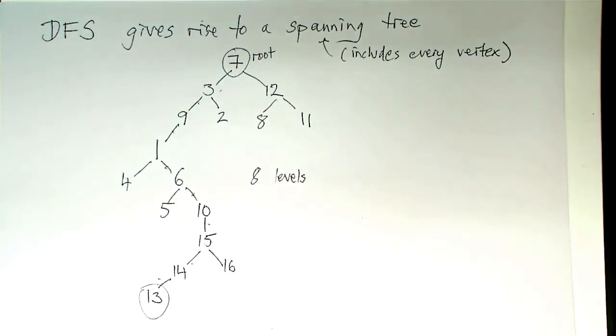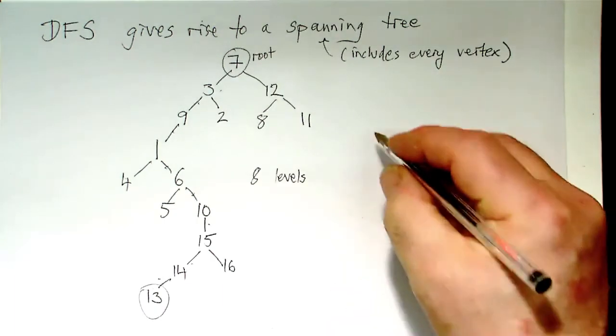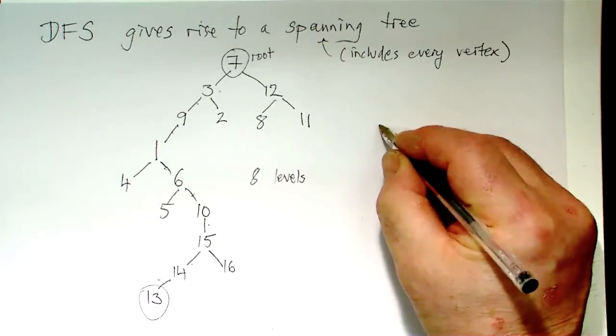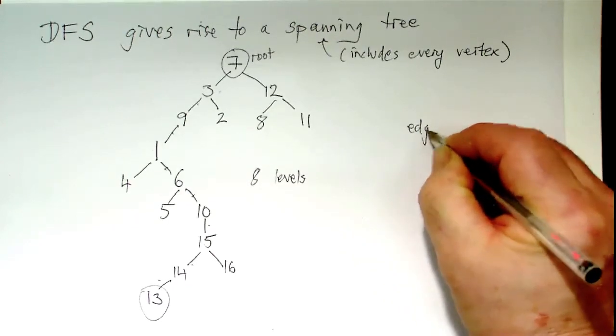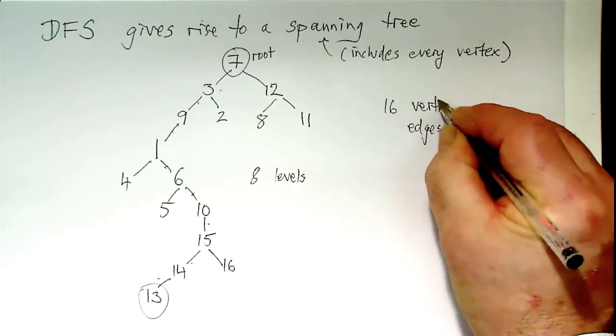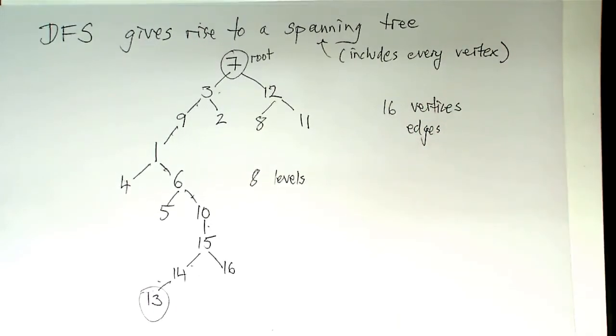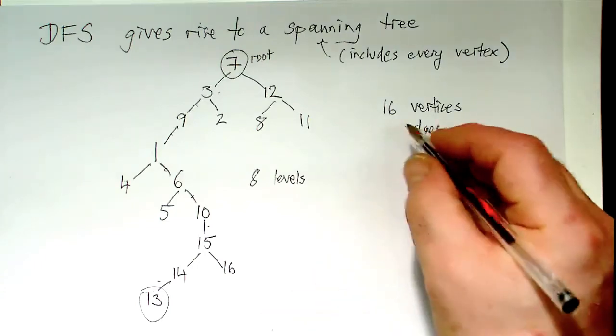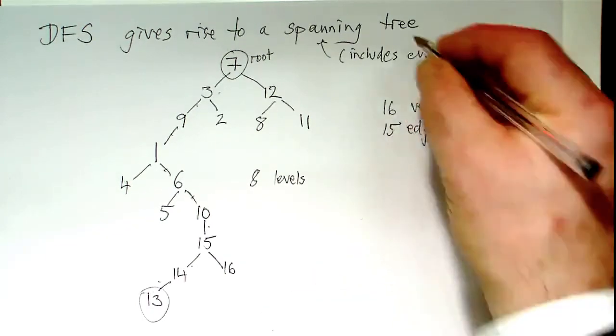And so how many edges are there in this tree? There's 16 vertices. How many edges? In a tree, 16 vertices, therefore 15. It's always number of vertices minus 1. It's a tree.